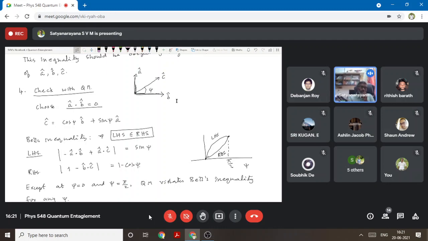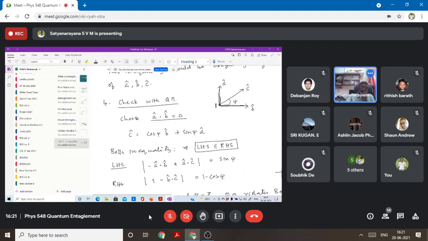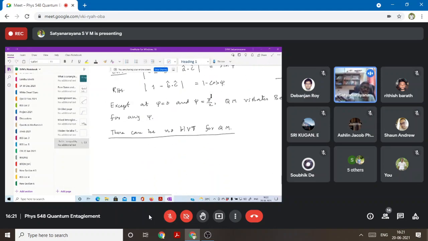But before I take up that one, I also want to show you, not today, but in the next class sometime, that there is something called the Bell CHSH inequalities. This is more amenable to experimental verification.